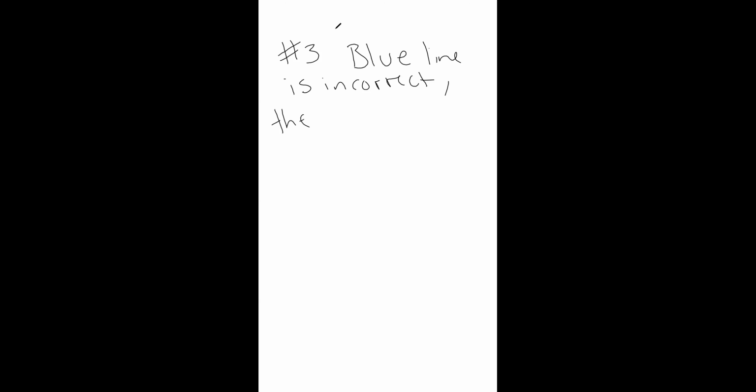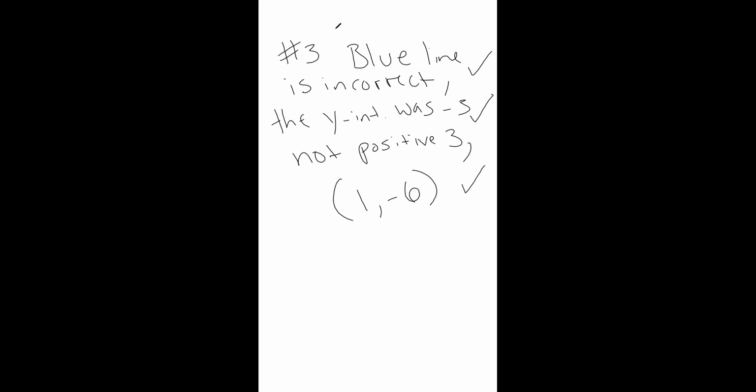The y-intercept was -3, not +3. And then the other part of the question was, what was the solution? And that was 1, -6. So you should have had all 3 of these answers down when you submitted.